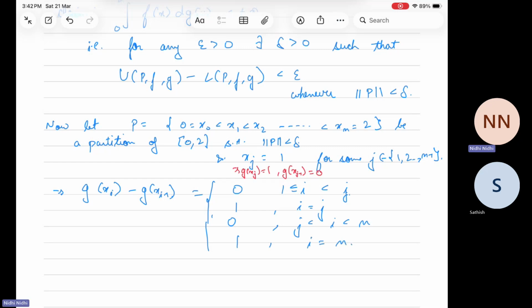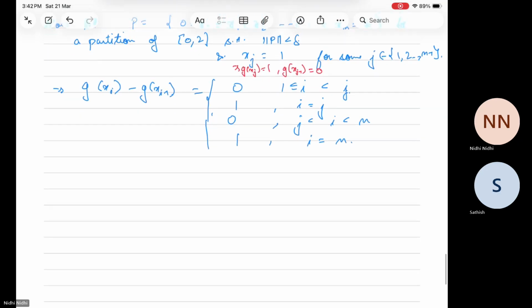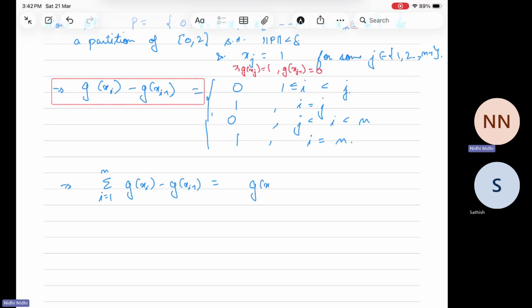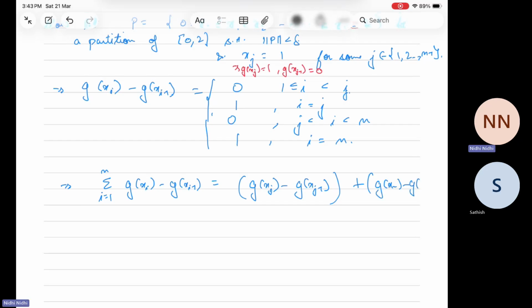So that gives us, this implies the summation of i from 1 to n of g(xi) minus g(xi minus 1) is just g(xj) minus g(xj minus 1) plus g(xn) minus g(xn minus 1), which is equal to 1.